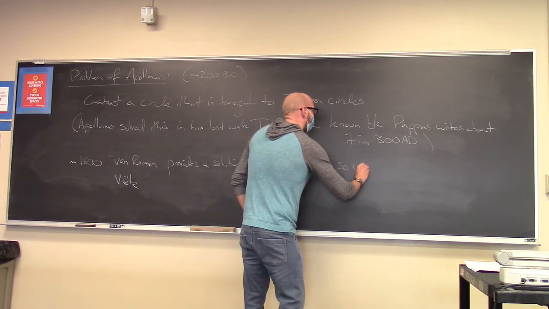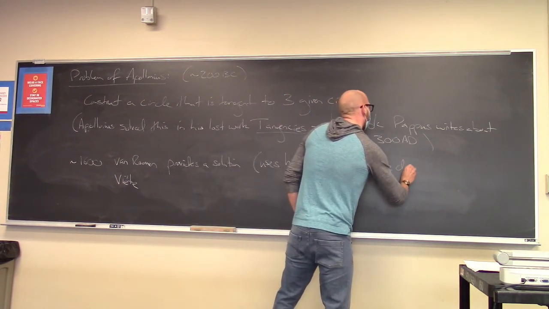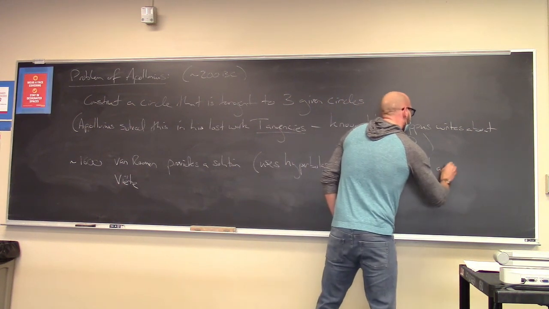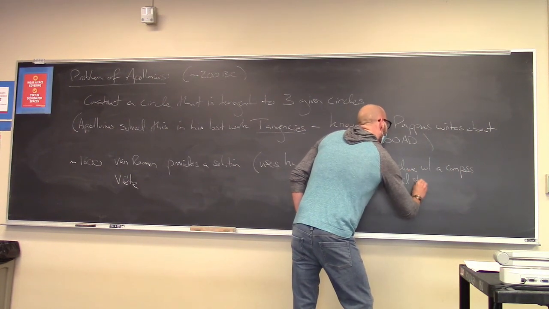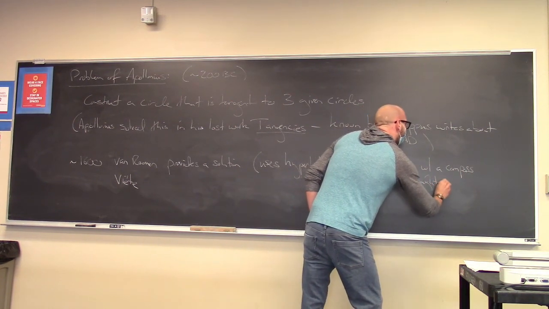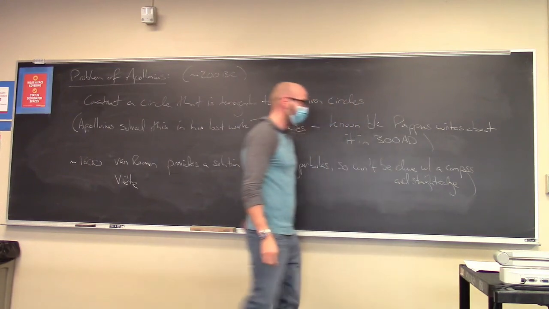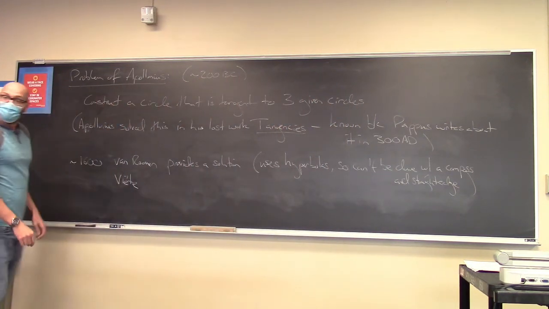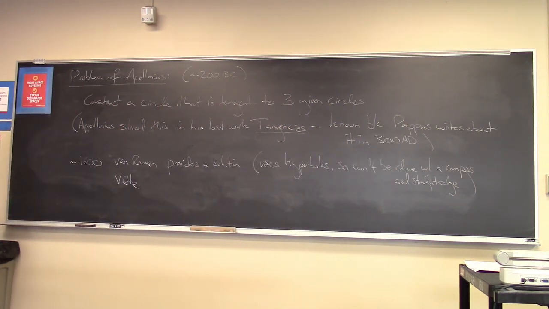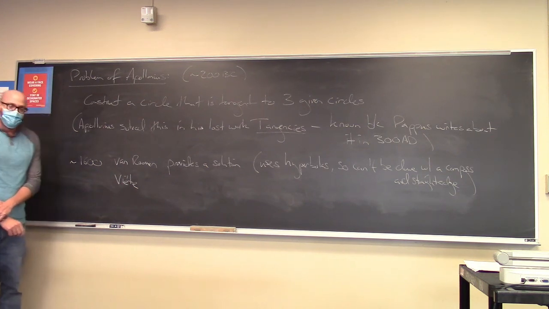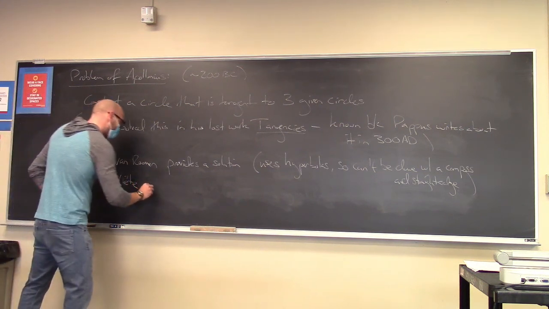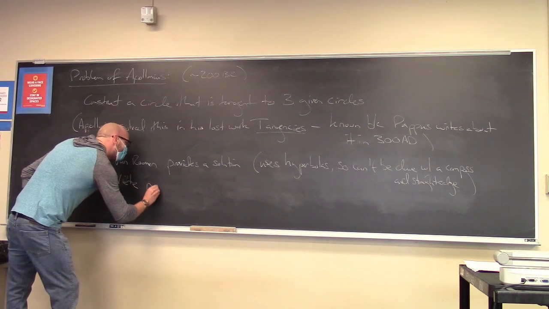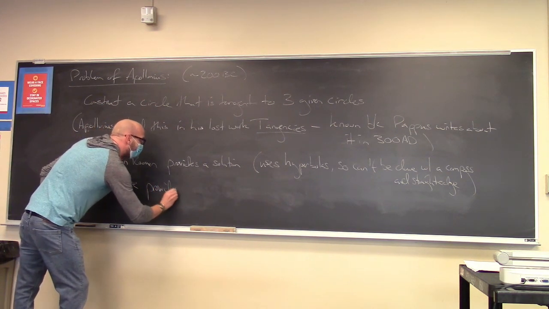So it can't be done with a compass and straight edge. So Viète looks at this and he says, you know, I guess I'll rediscover it myself. So he provides a better solution, an actual compass and straight edge solution.